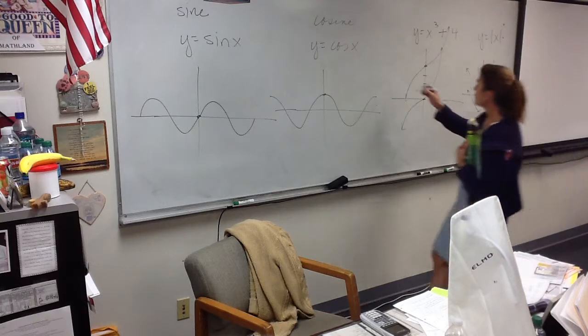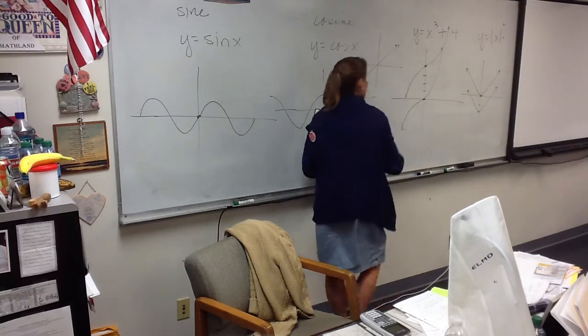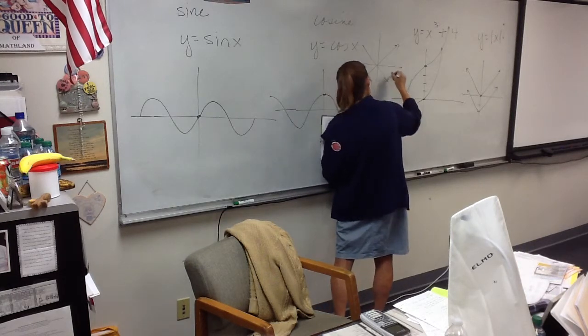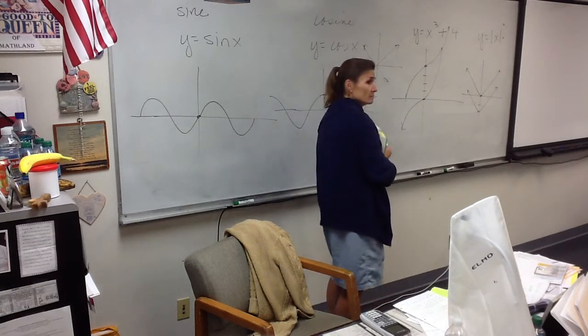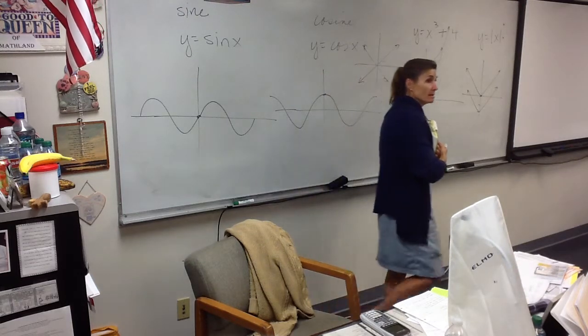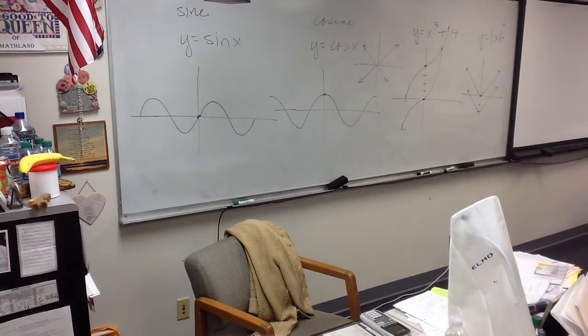So instead of having this shape, which is what it normally would have, it had this shape. It got folded across the axis. Got reflected. That's what negatives do. Negatives flip you around.